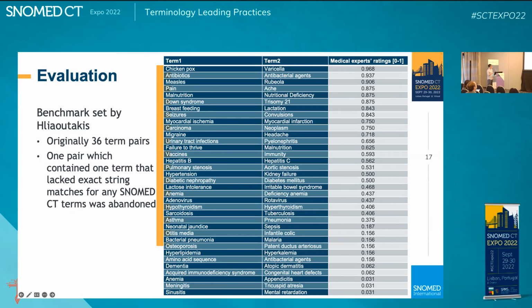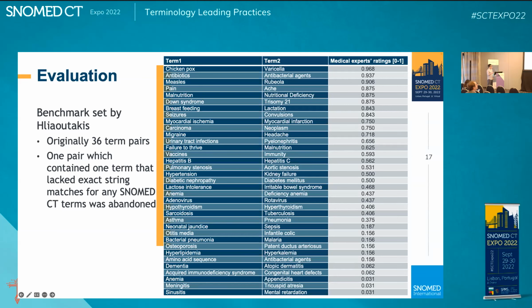And the second benchmark set was built by Eunsuk, and it originally contained 36 pairs. The relatedness of pairs was manually evaluated by medical experts on a scale of 0 to 1, 0 being unrelated and 1 being synonymous.